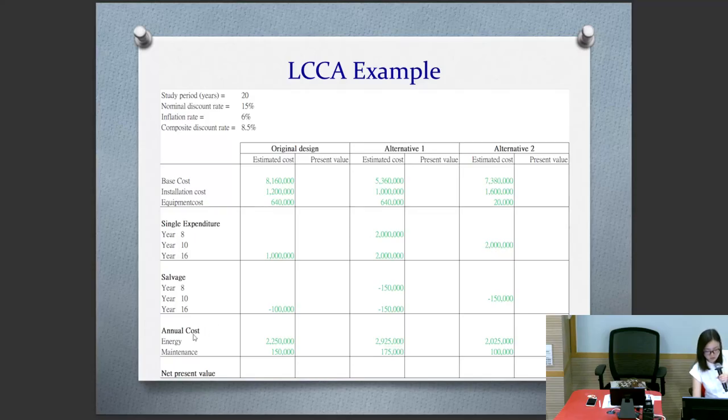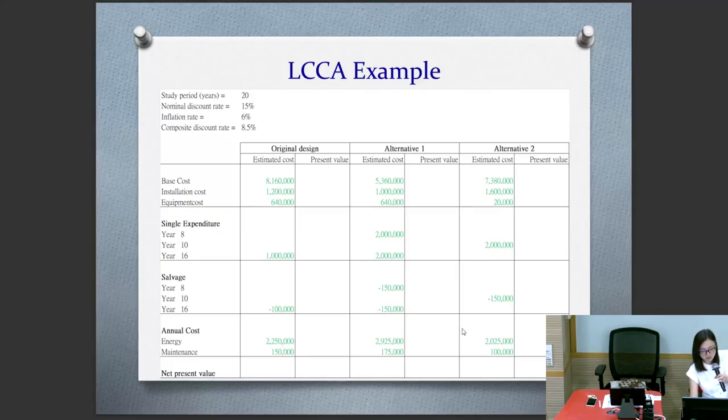Annual energy costs are the money that you need to pay for the energy fees, and then the money that you need to pay every year for maintenance. So these are annual costs. You have to pay this amount every year, and this amount every year.